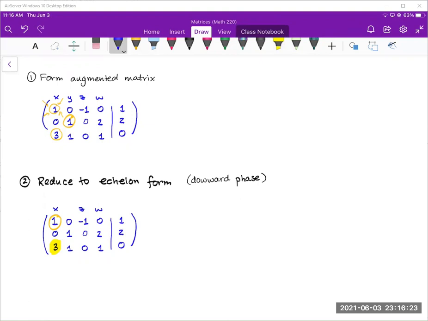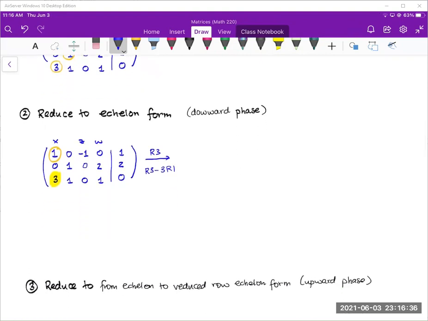So what we're going to do is take row 3 and replace it with row 3 minus 3 times row 1. Let's break this out separately just so we can see this really clearly.